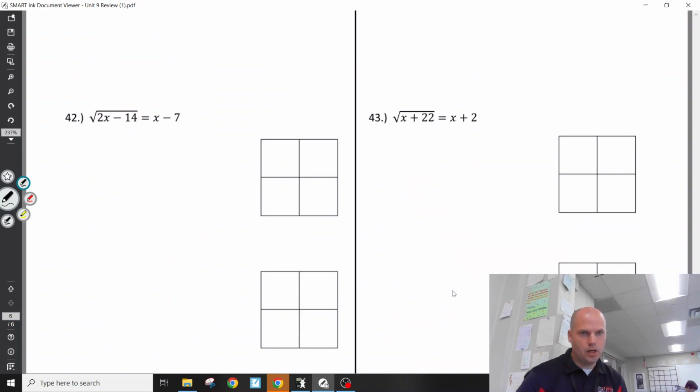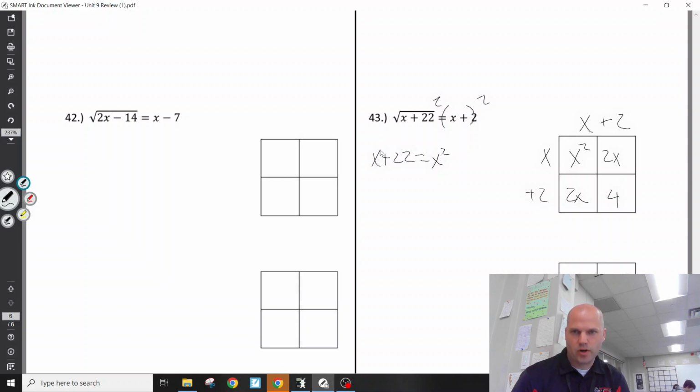Yeah, why don't we do 42 or 43? Square root's isolated, ready to square both sides. To square x plus 2, you need to find the square of x plus 2. This becomes x plus 22. This is x squared plus 4x plus 4. Subtract the x, subtract the 22.